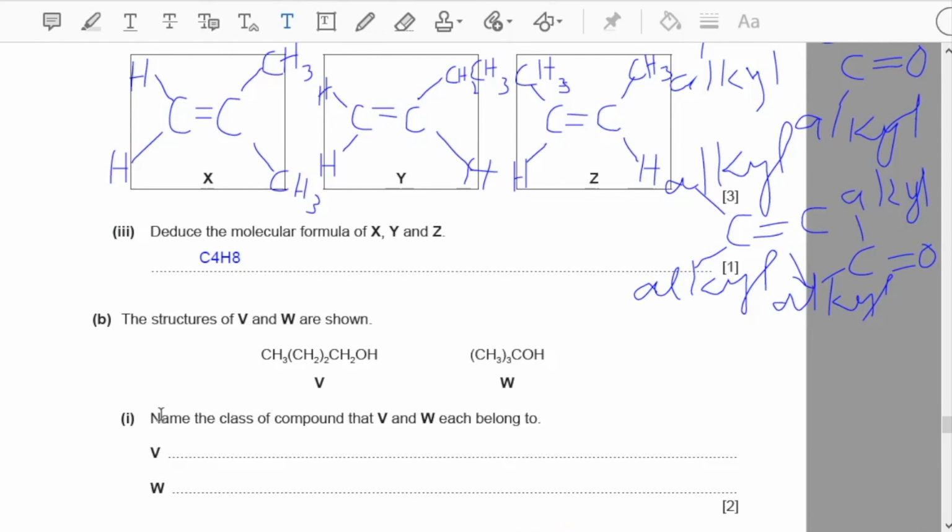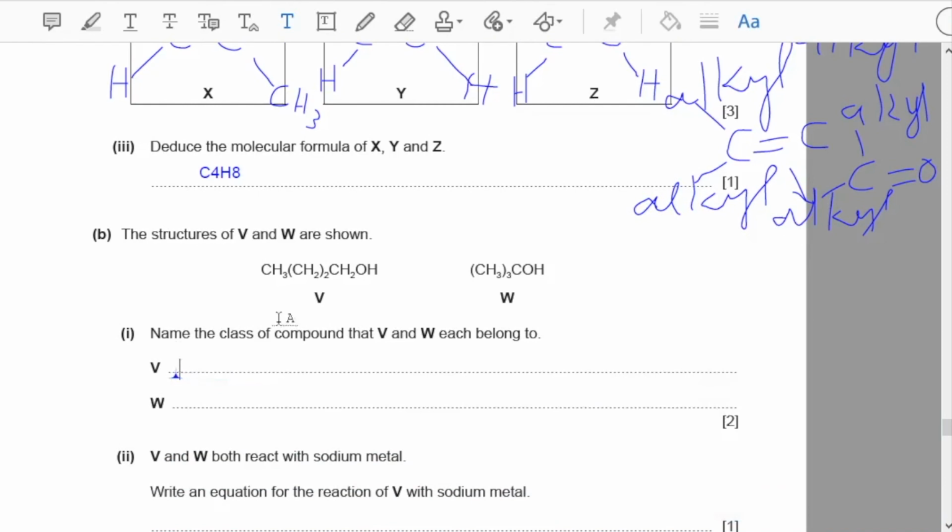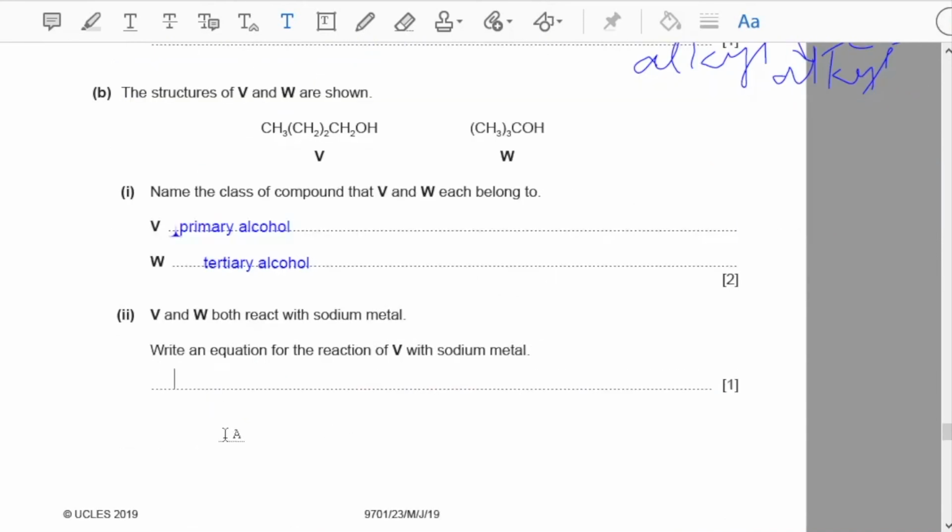Part B, the structures of V and W are shown. Part 1, name the class of compound that V and W each belong to. So V is a primary alcohol, while W is a tertiary alcohol. Part 2, V and W both react with sodium metal. Write an equation for the reaction of V with sodium metal.